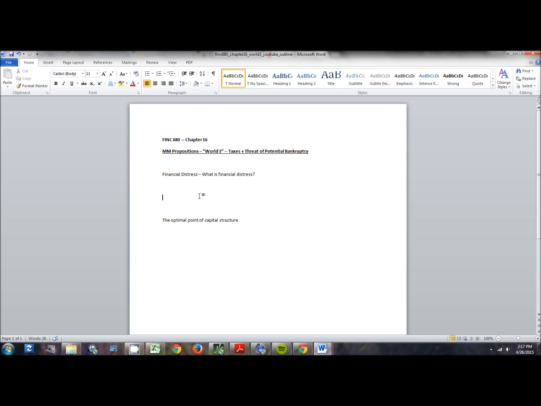That is because if the firm takes on additional debt beyond that point of either the firm value peaking or the cost of capital troughing, the cost of potential bankruptcy or potential financial distress is now so great that it exceeds any additional gains from the present value of the tax shield.